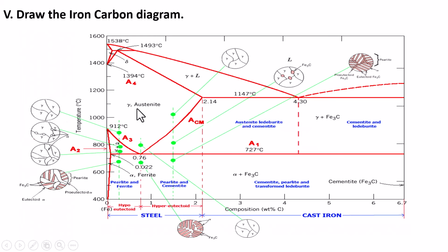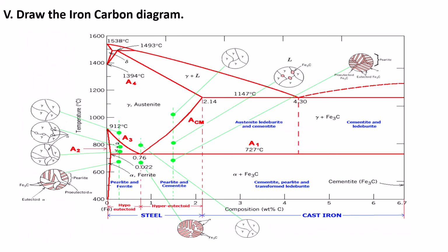Here it is austenite. When it reaches this region, that is alpha plus austenite, you can see some ferrite forming here. Again it is gradually growing, and finally when it reaches this region, you can see it consists of pearlite, and also proeutectoid ferrite, and iron carbide and eutectoid ferrite.